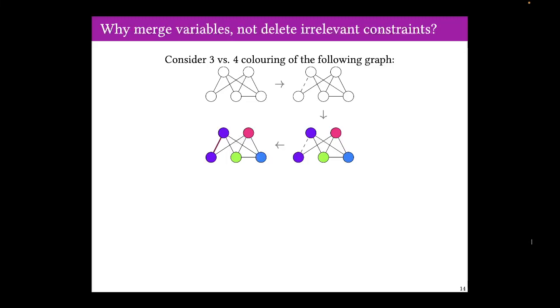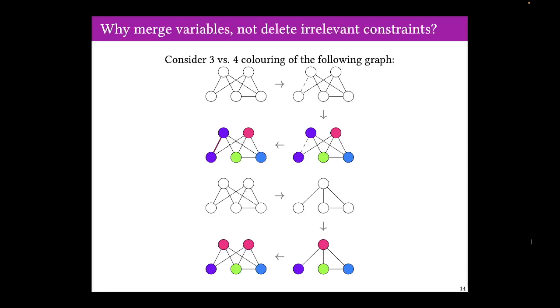This shows why removing constraints isn't easily compatible with qualitative approximation. Conversely, merging just works out of the box. In the same situation, the exact same reasoning shows that the top 2 vertices are always colored the same, so we can just merge them, find any 4 coloring, and then unmerge at the end.